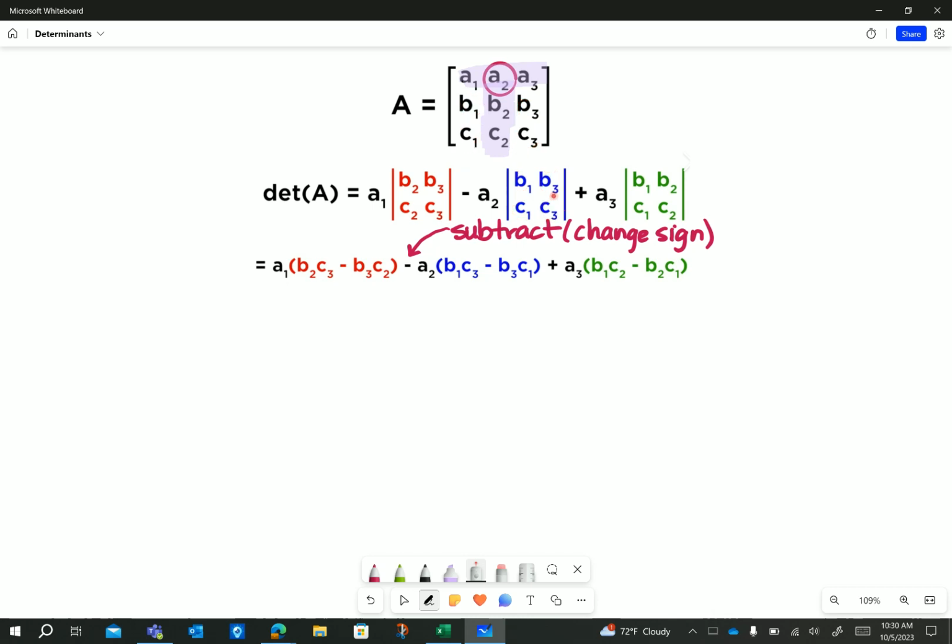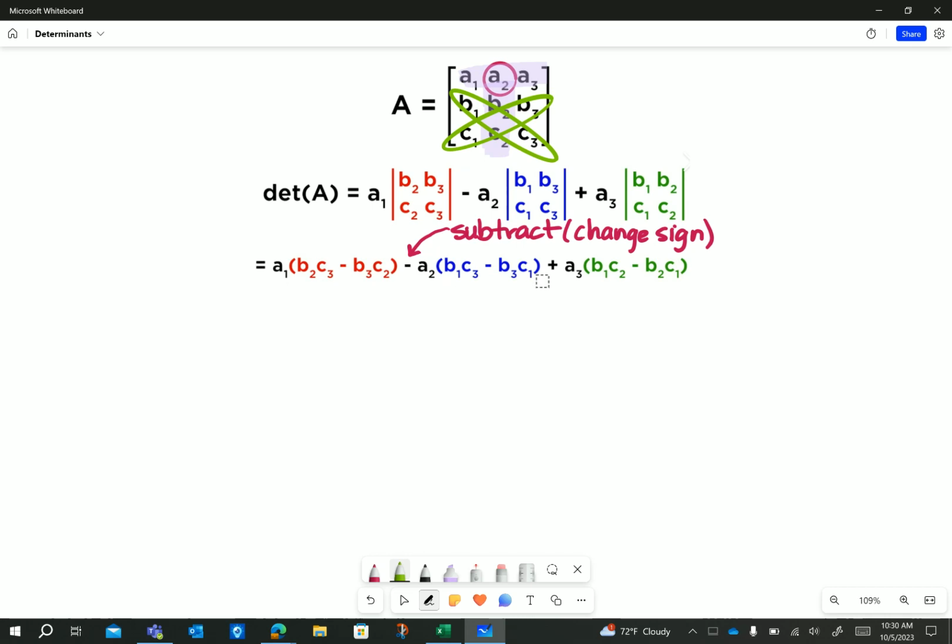So you are going to cross multiply again, with the ones that were left over. That's the B1, C3, right there, and the B3, C1, right there. Ignore the purple.